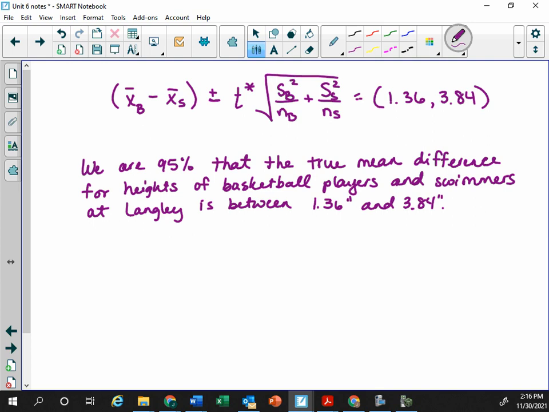So that part, it's very similar to what we did in our confidence intervals before, okay?